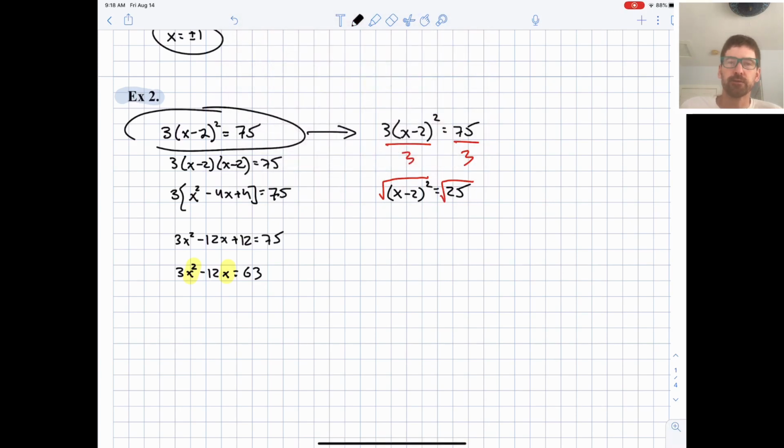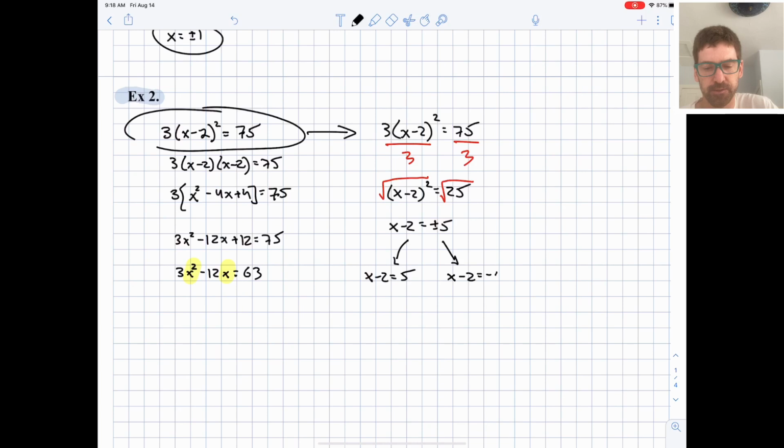Okay, and now we have to be a little bit careful with keeping track of our square roots. So we have x minus 2 equals plus or minus 5. What I like to do at this point is write out what I call a double pathway. So we have two options. X minus 2 is positive 5, x minus 2 is negative 5. And let's follow each path to the end.